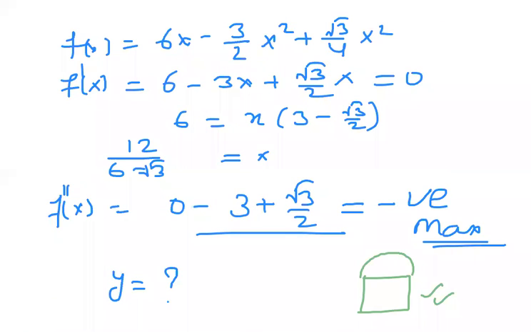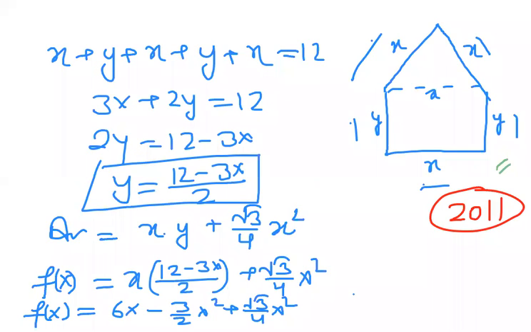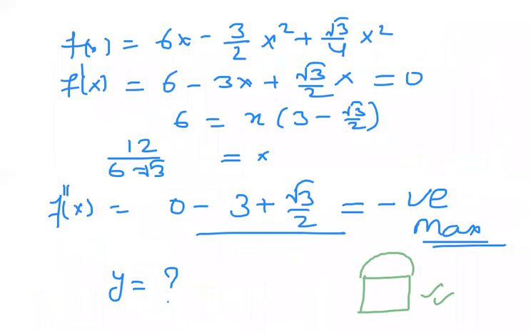Exactly when the previous question came in the board examination, by reading a window is in the form of a rectangle, after reading this much only, the students started solving this question.